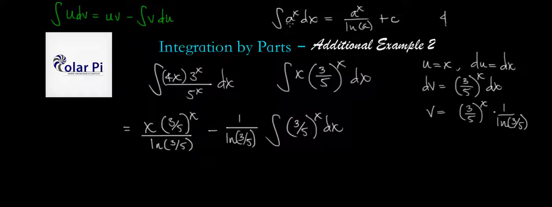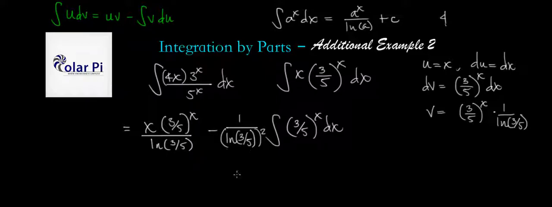But wait, that just requires that we use this result. We've integrated this before when we integrated dv to get v. So we know the result to this, and notice that it comes with the constant that divides this, which is the same as that. That's why I made space here, thinking ahead.